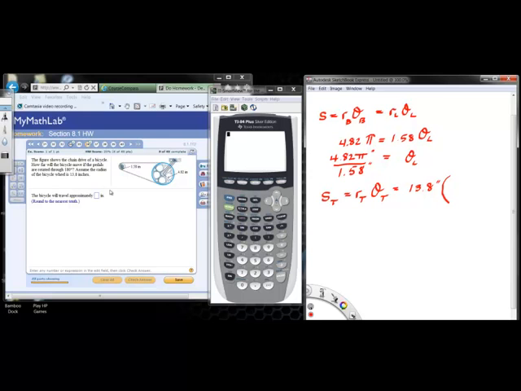The angle that the tire turns through is the same angle that this little gear runs through, so it's going to be 4.82 pi over 1.58. And so that's going to give us the distance here.